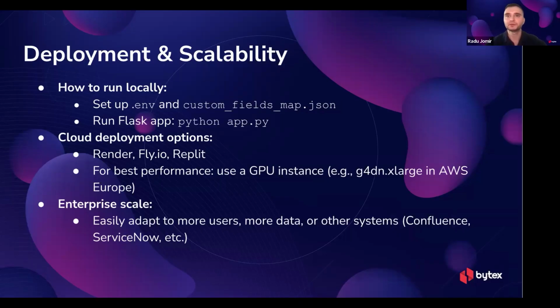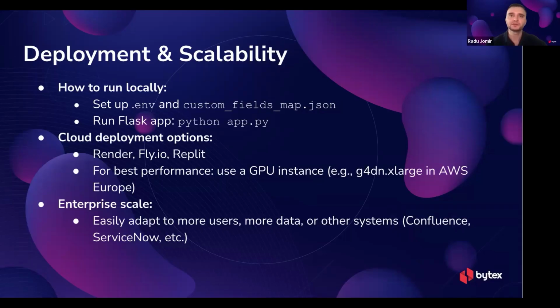You can deploy to platforms like Render or Fly.io for a quick setup, but for the best performance, especially if you want to run the language model on the same server, I'd recommend using a cloud provider like AWS EC2. So we've tested this on a GPU instance like G4dn.xlarge, and the performance is excellent.